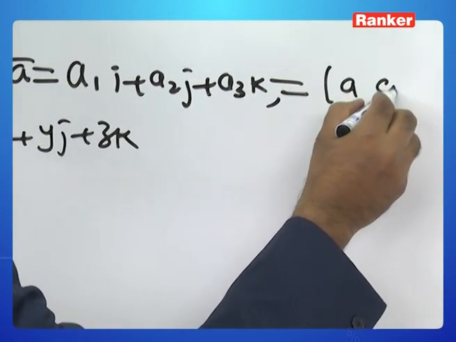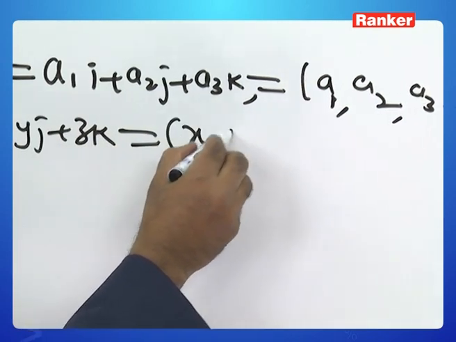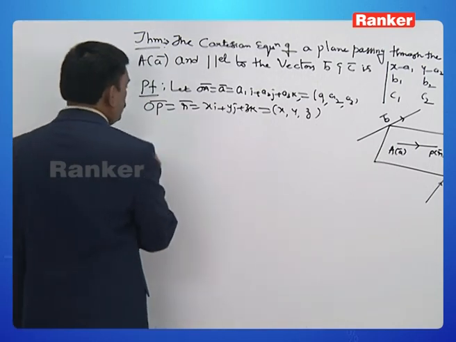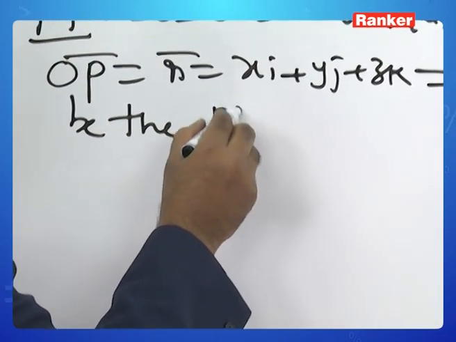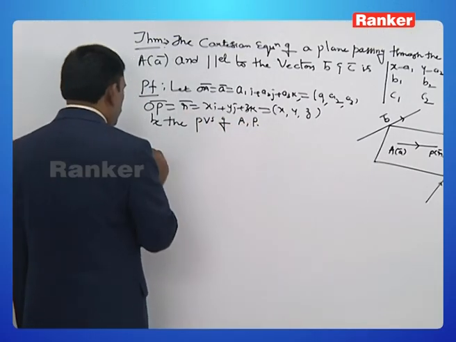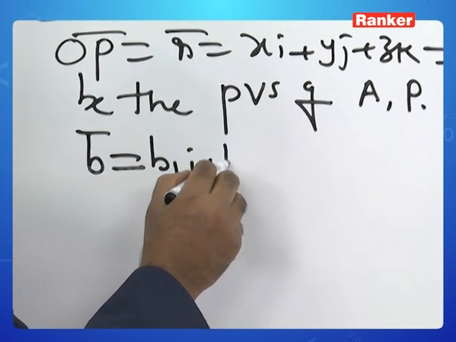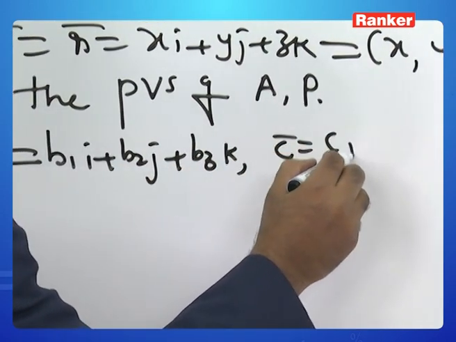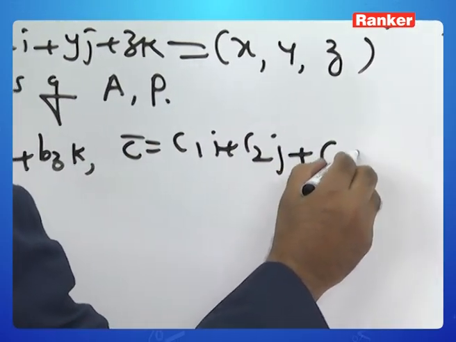This can also be written as x, y, z. Now let B bar and C bar be the position vectors: B bar is equal to b1 i plus b2 j plus b3 k, and C bar is c1 i plus c2 j plus c3 k.